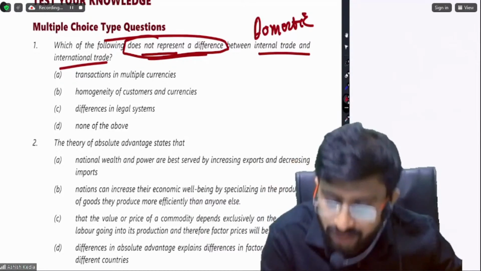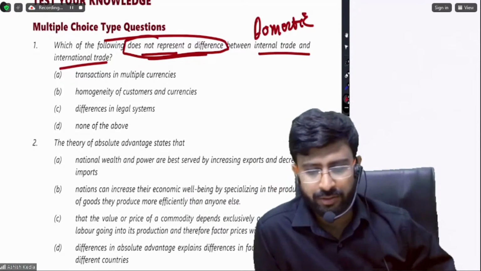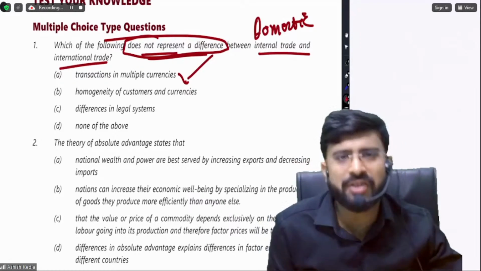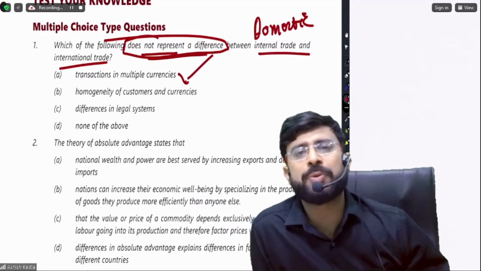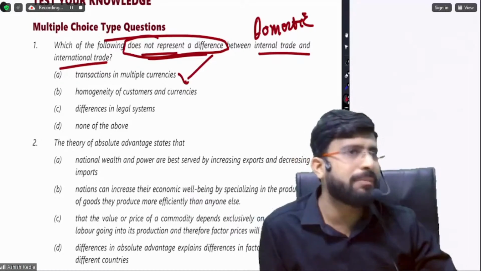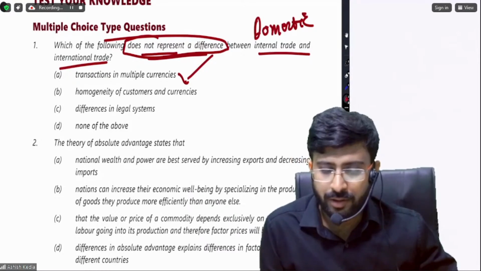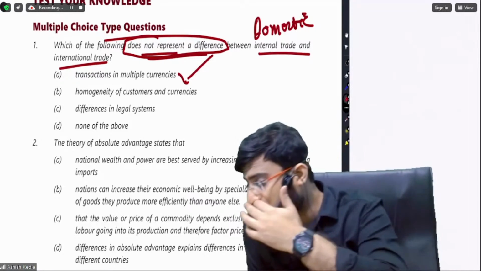Which of the following does not represent a difference? Transaction in multiple countries' currencies, yes, this is a difference because in India we deal in rupees, but in America it would have been dollars.